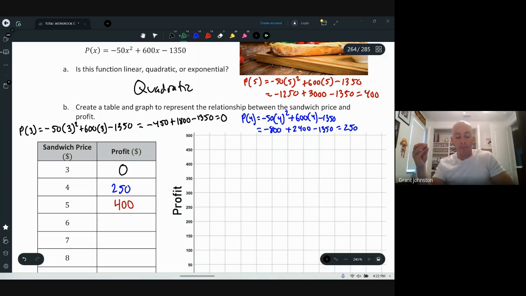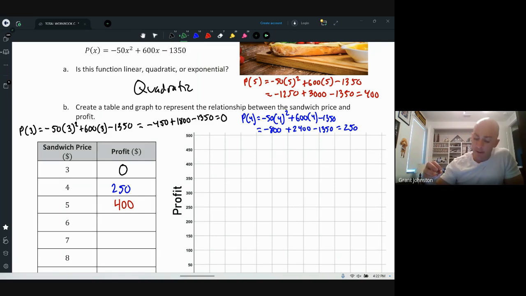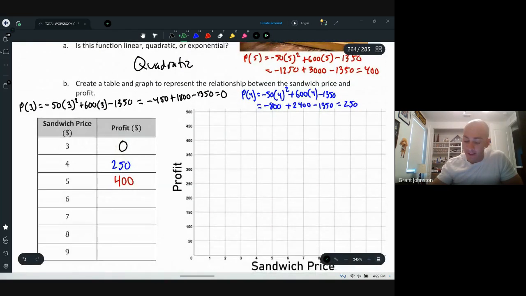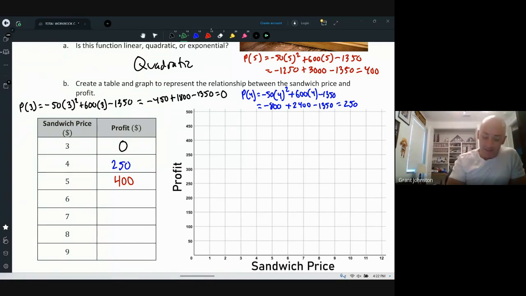Keep on plugging along. Let me plug in 6 now. And I'm just kind of showing my work wherever I feel like it. Let's just do 6. So P of 6. Might be easier to show your work on a separate sheet of paper. Okay, 6 squared is 36.